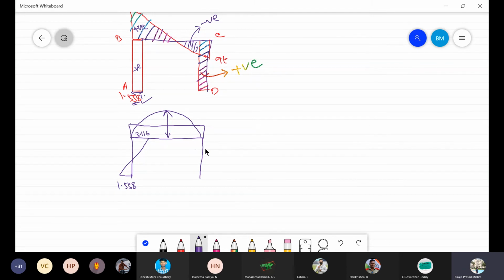This is again, wait, 1.558. This one is 3.116, that is the opposite one, and this one is 6.75. Next one, this one is again 3.116. 6.